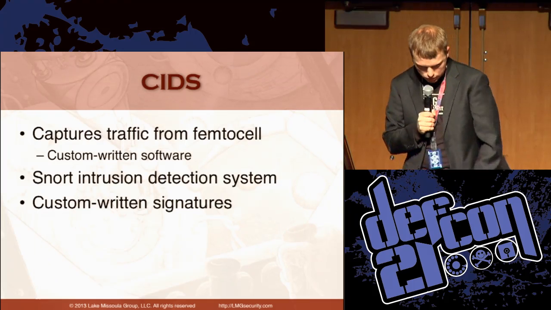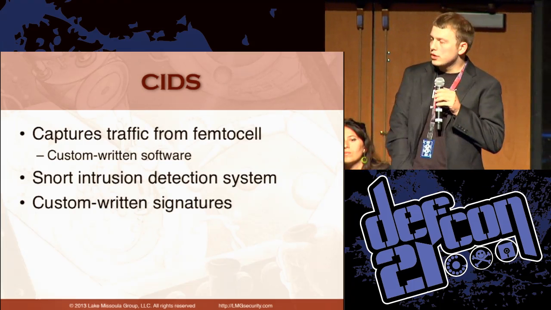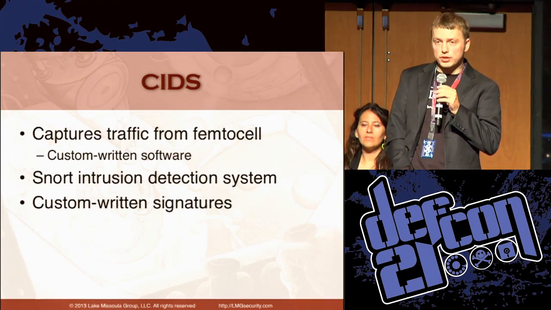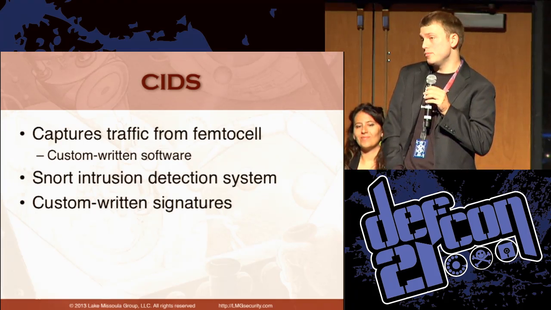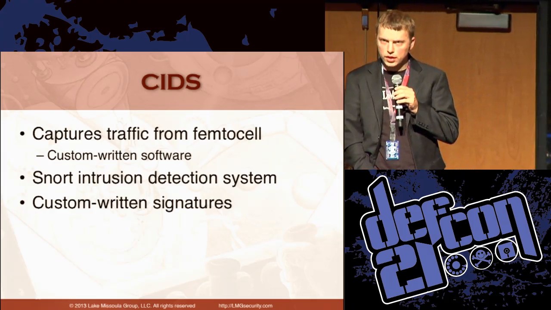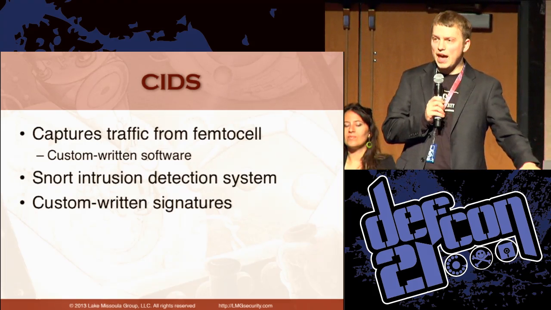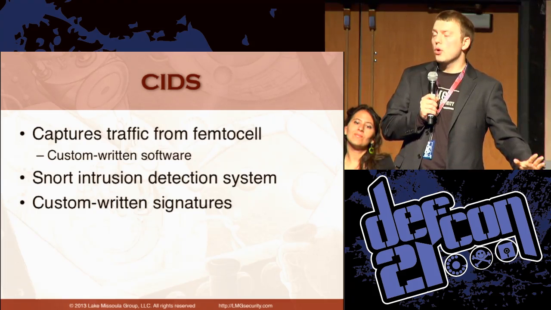Let's see. So, cellular intrusion detection. When we set out to do this project, we were looking at network forensics. Like, hey, let's see what we can see about the cellular network. And it quickly became this big project to even get access to it. As soon as we did get access, we said, okay, what can we do?